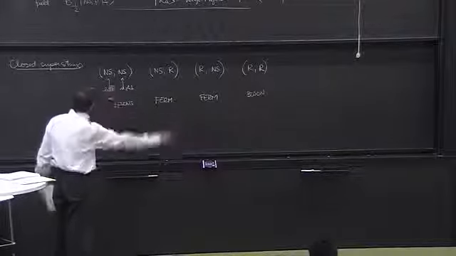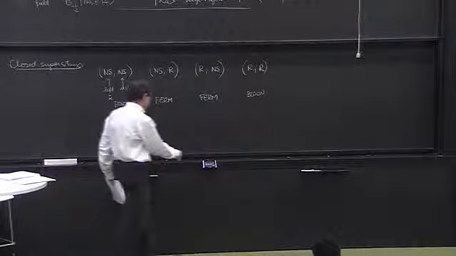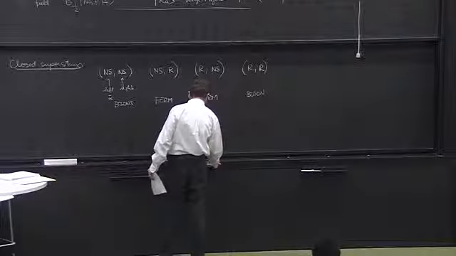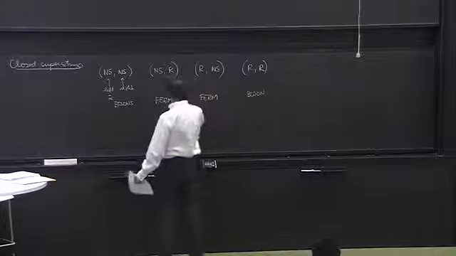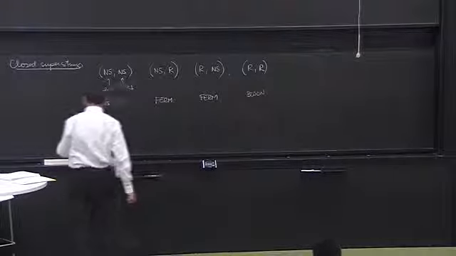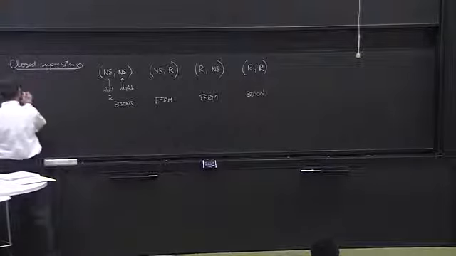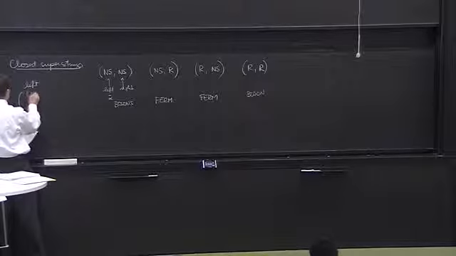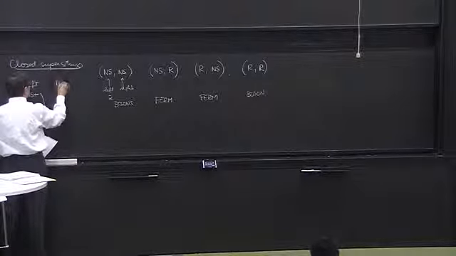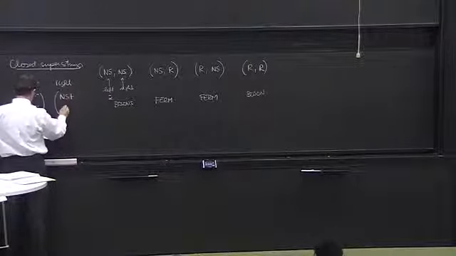So we have to choose truncations here. And now it becomes a little bit of an interesting game. What truncations can you do? I'm going to truncate the following way. I'm going to say that we're going to take on the left NS plus and R minus. And on the right, I'm going to take NS plus and R plus.